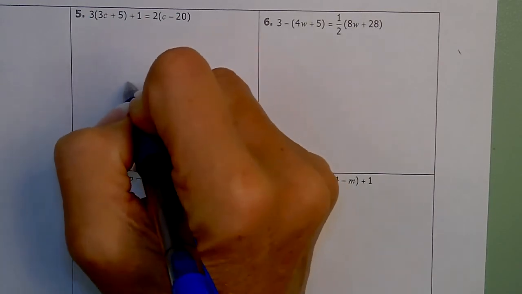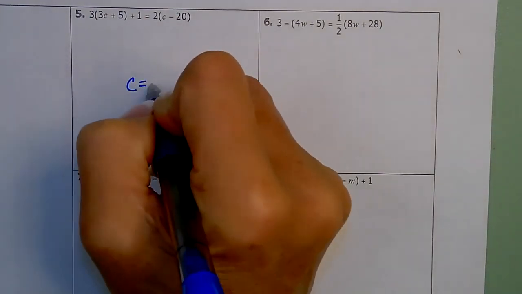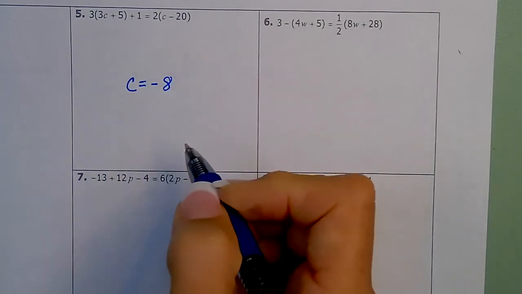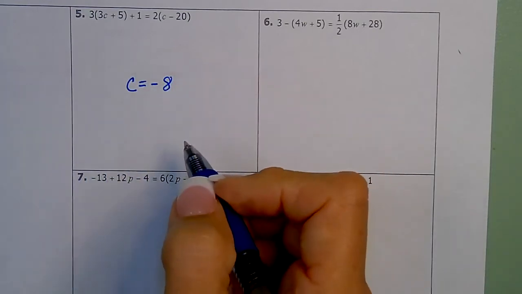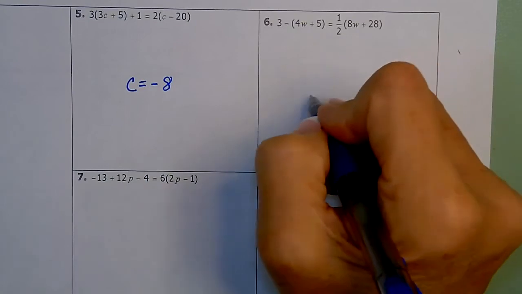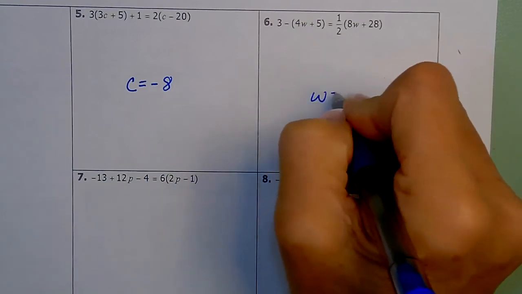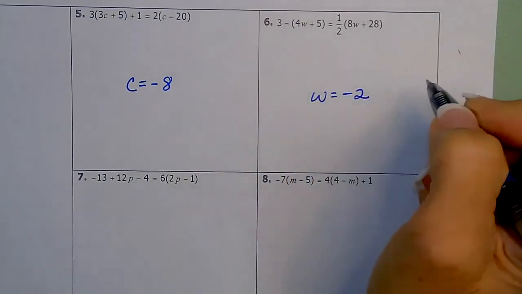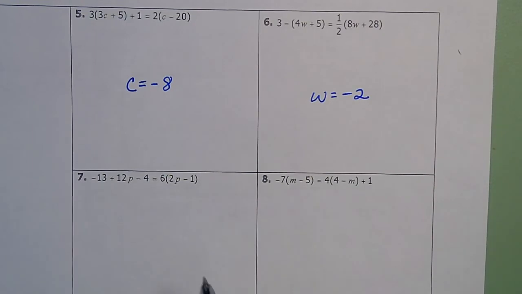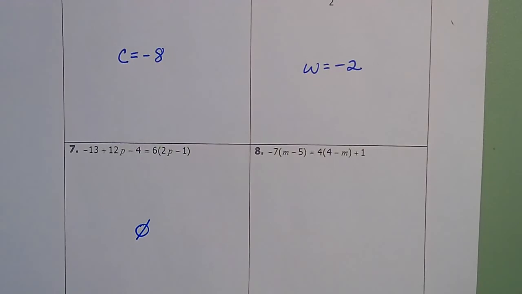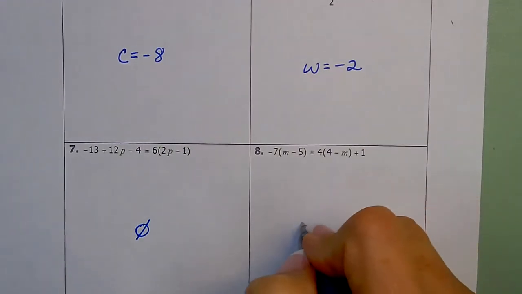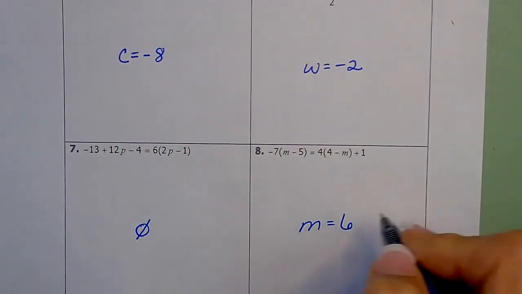Okay, number 5. The answer is c equals -8. Number 6, w equals -2. Number 7, no solution. Number 8, m equals 6.